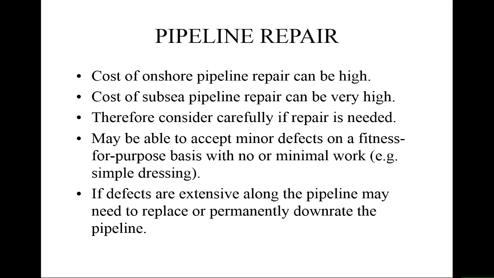So if you have a defect, a gouge or something on the pipe surface, let's make it like this. Then the option is to grind it to some extent, and if grinding is enough, then what you would get would be something like this. This is actually quite a good solution, but remember, this is not an extensive defect.